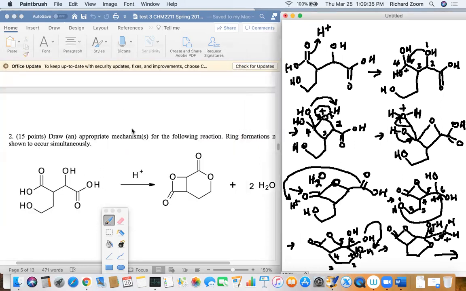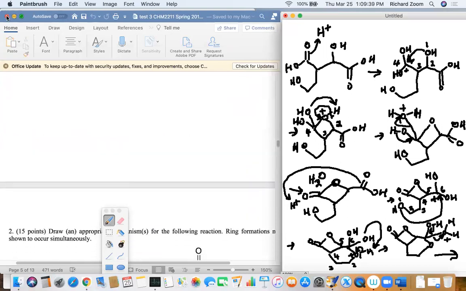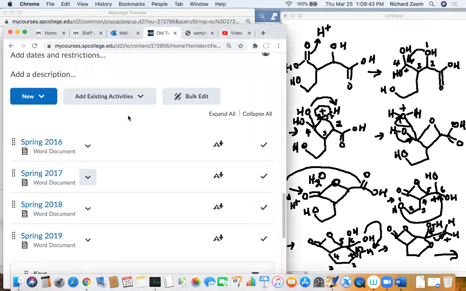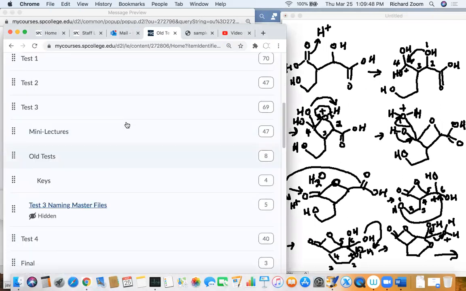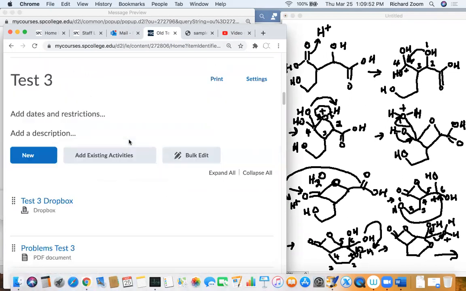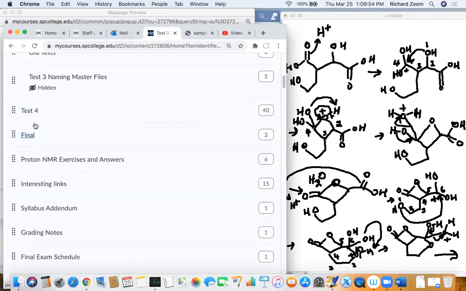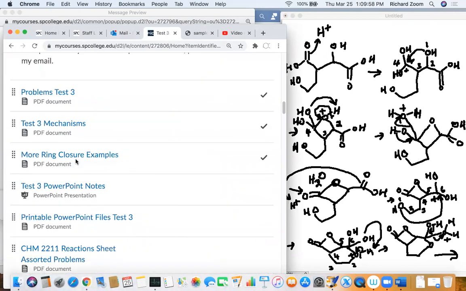So what have I got here to help with that? The practice part. I think I'll leave this up because I might use it later. So in this test 3 folder, I've got a file called More Ring Closure Examples.